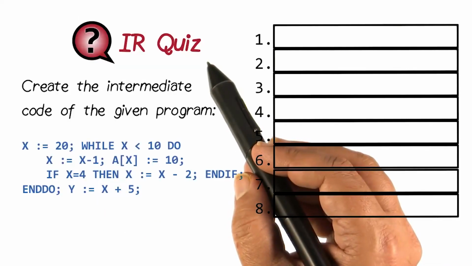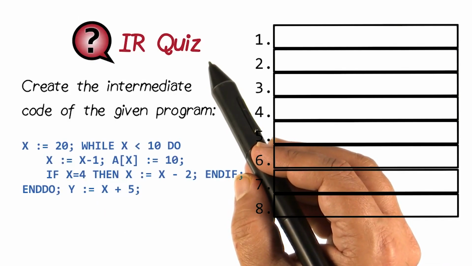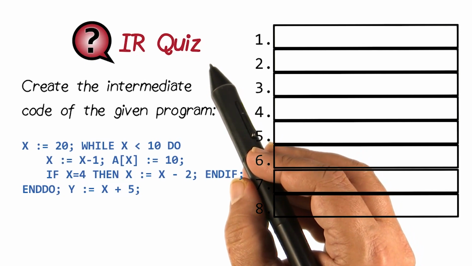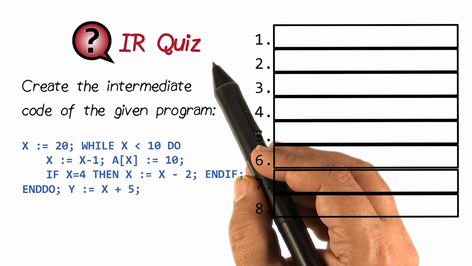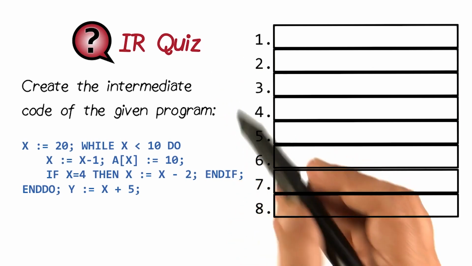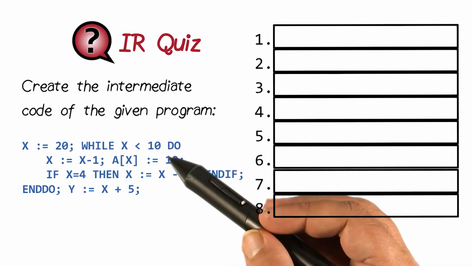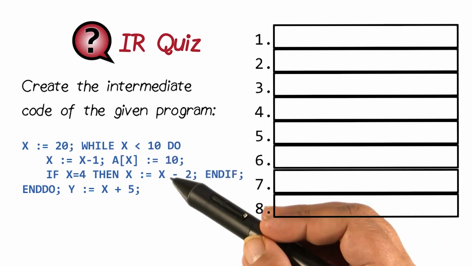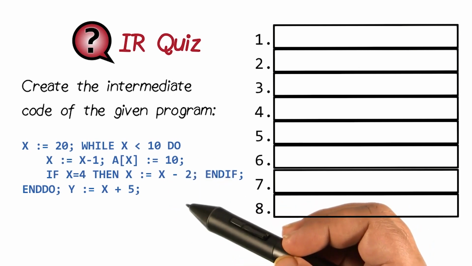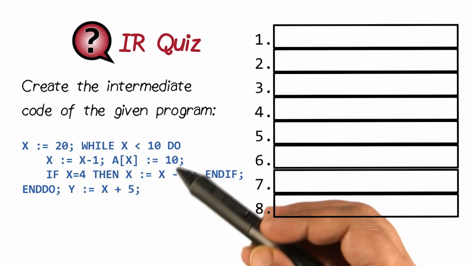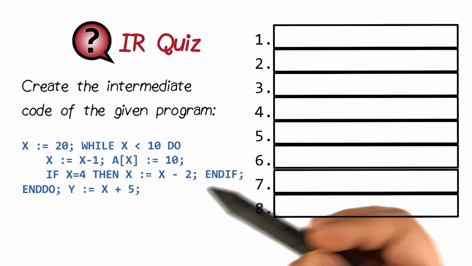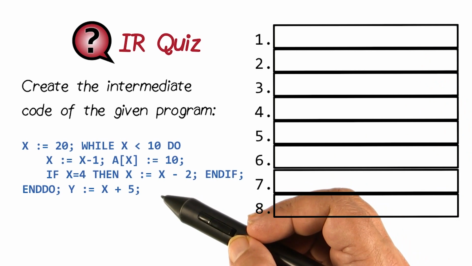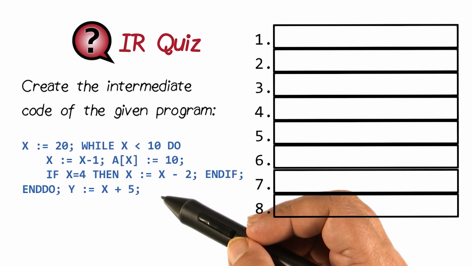So before we get into the details of the information flow and capturing that, which is called the data flow relationship between different parts of these instructions, let's refresh our knowledge of intermediate code. What we are going to ask you to do is, we have given you this simple program over here manipulating X, and we want you to write the IR operations that are underlying this, which are generated by our IR code generator from the previous lessons.